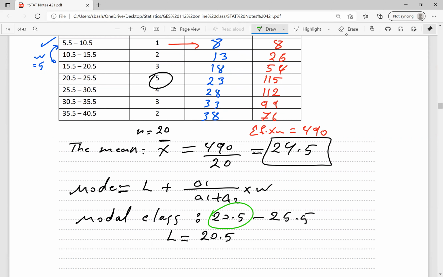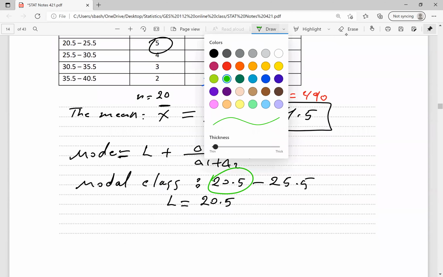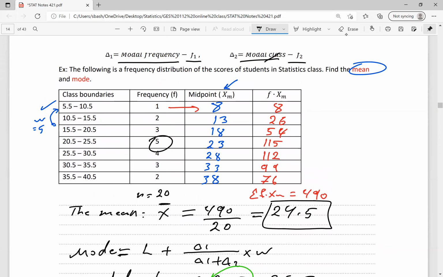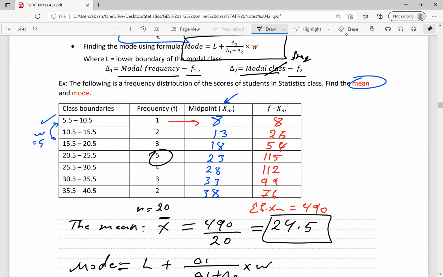Now the modal frequency is equal to 5. Now this will give me delta 1, it is modal frequency minus F1.